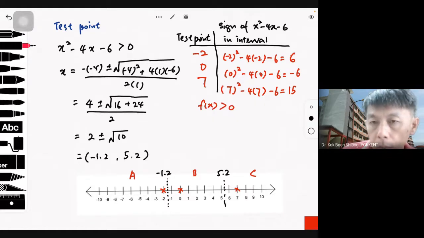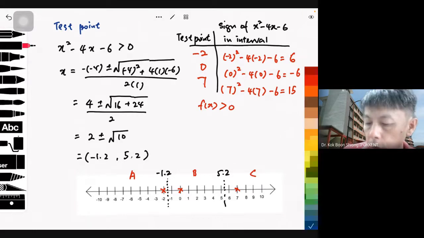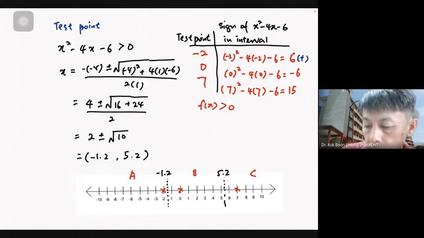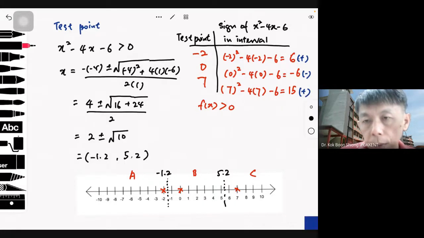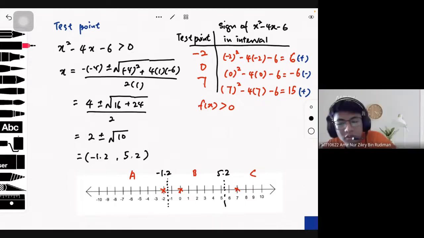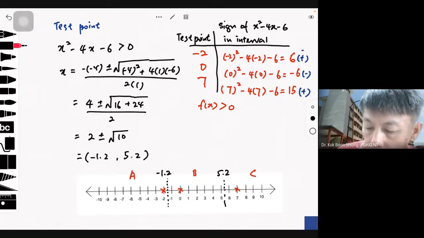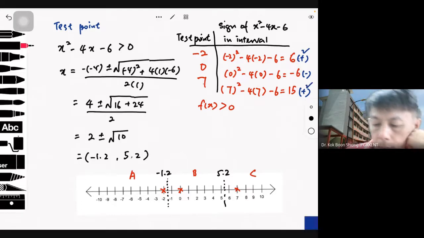So which one must you take? The values here are positive, negative, and positive. Which points should we use? Negative 2 and 7. So we should take these two points, this one and this one.